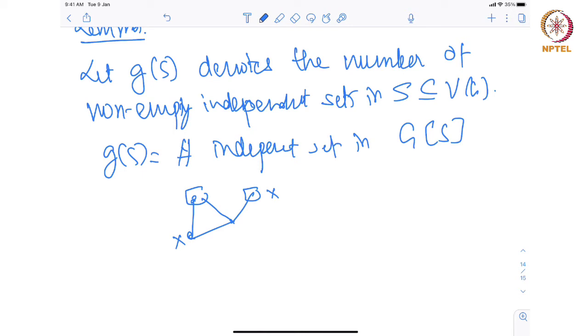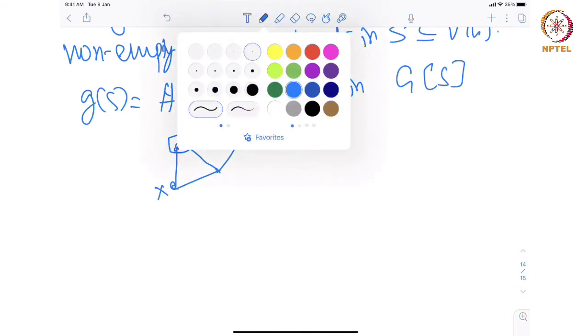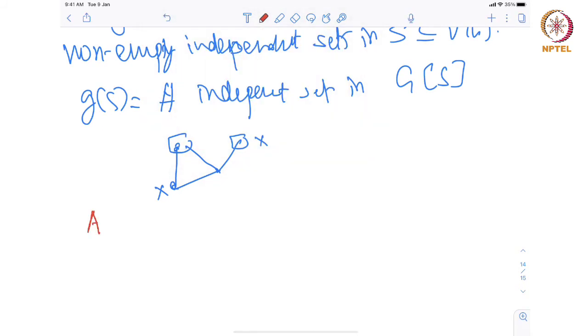So now the lemma is the following, now that we have set up the notation.